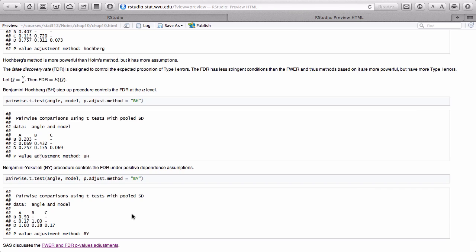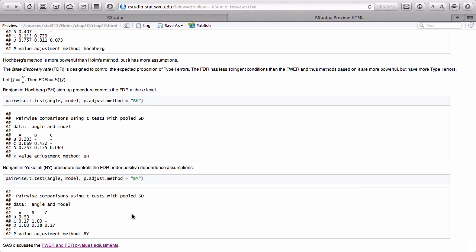Generally speaking, the false discovery rate does not protect you as much as the family-wise error rate. In other words, there's no guarantee if you control the false discovery rate that you have reasonably controlled your family-wise error rate. I mean, they're more liberal tests, and so they reject more often.